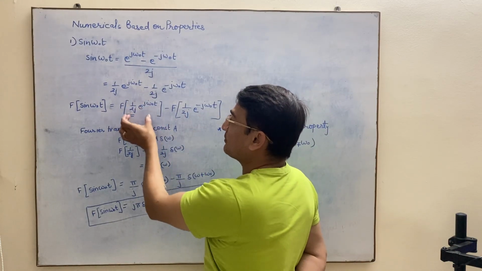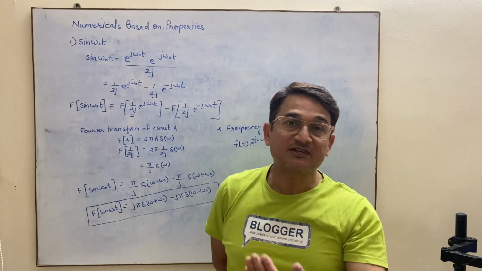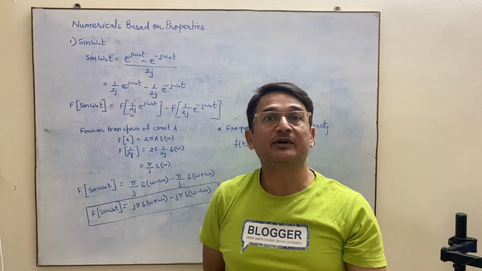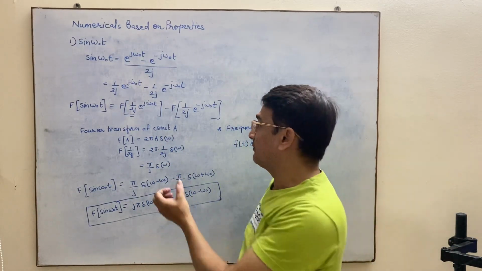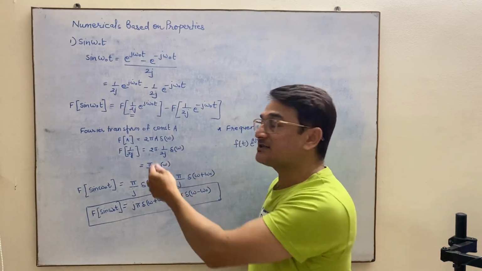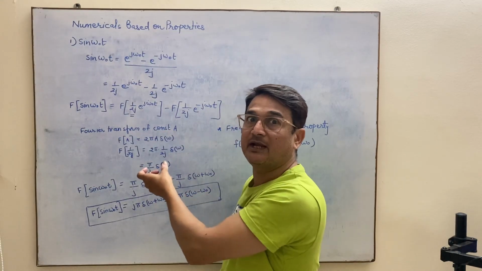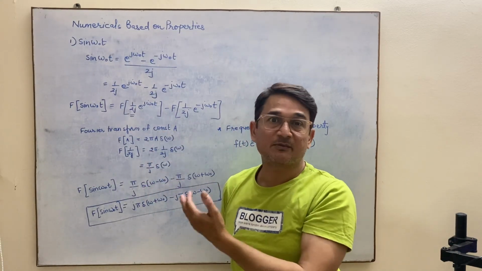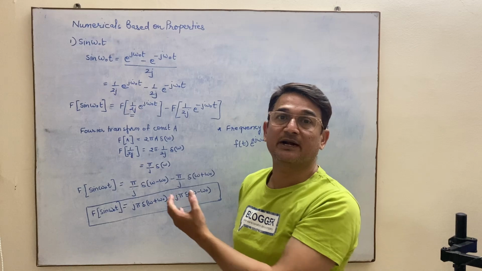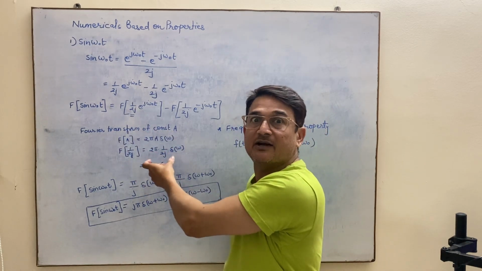Now come to the first part, the Fourier transform of a constant A. In my previous video, I already calculated the Fourier transform of constant A, which was 2 pi A delta omega. Those who don't understand how this came can see my previous video, in which I explained how the constant A gets the Fourier transform 2 pi A delta omega.